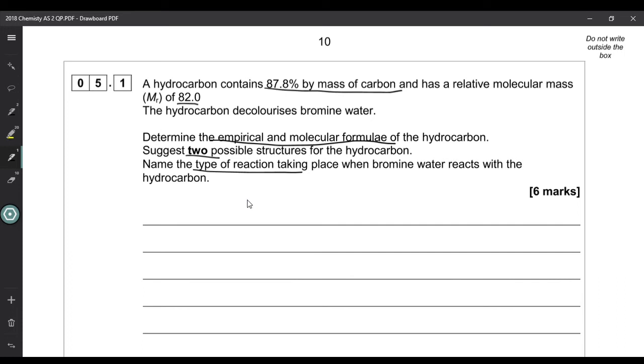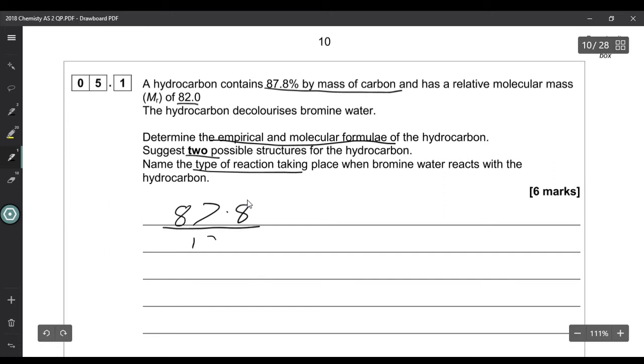So for example, 87.8 is carbon, so we divide by the atomic weight of carbon, which is 12, and the ratio to hydrogen is 12.2 divided by 1, which is the atomic weight of hydrogen, and that comes out to be 7.3 to 12.2.